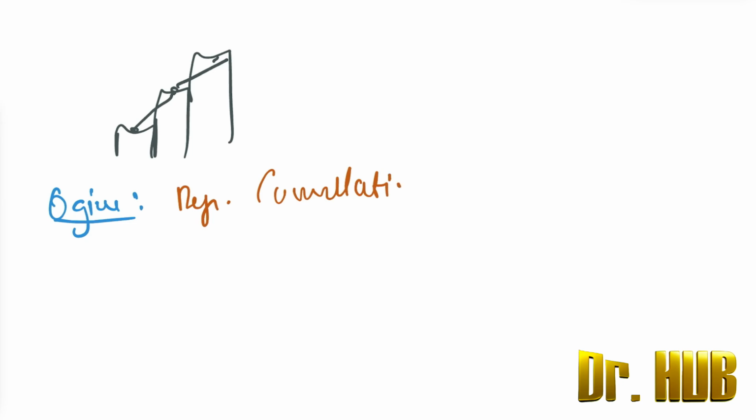Then we look at the ogive. An ogive is a frequency polygon drawn to represent the cumulative frequency distribution, and this forms a typical S-shaped curve.